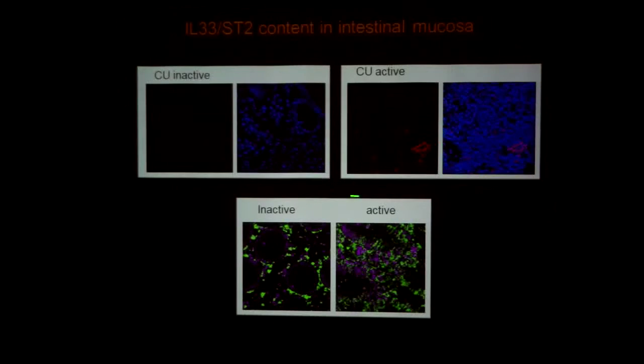And you can see that in active patients, the levels of IL-33 are increased, as shown by the red dots. And the receptor ST2 is shown in green in the lower panel, which is also mainly increased in the active state of the disease.